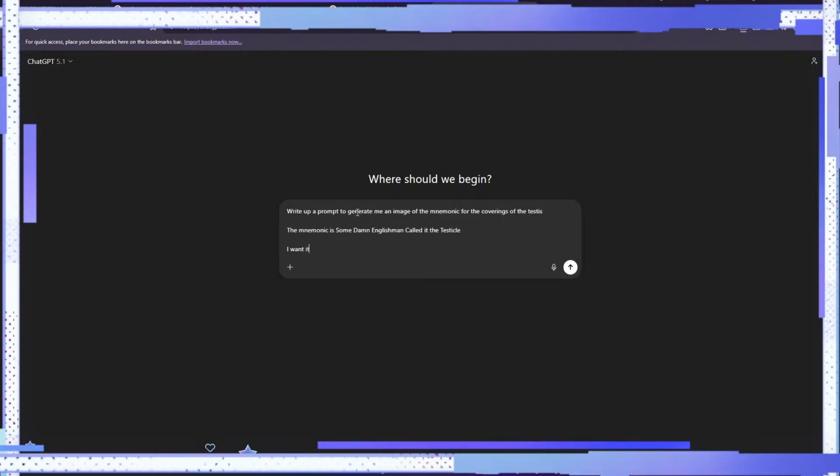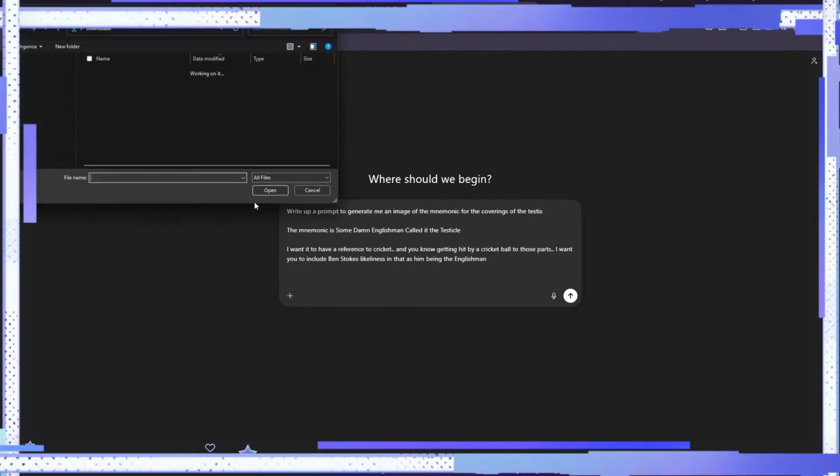I wanted to have a reference to cricketers, cricket, and getting hit by a cricket ball in those parts. I want you to include Ben Stokes in that as the Englishman. And then I simply paste that picture.